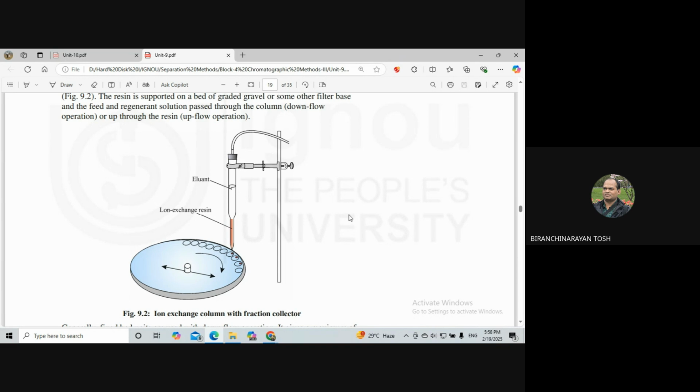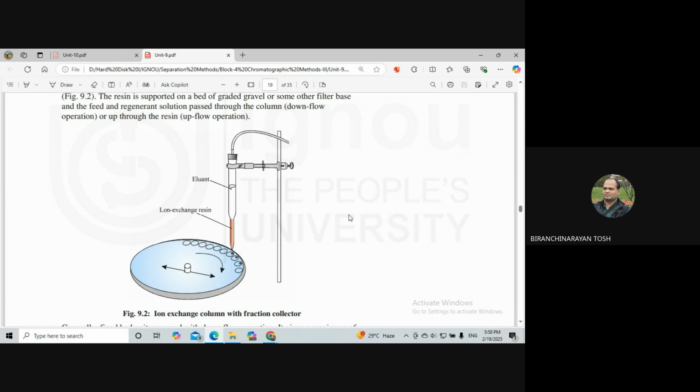The column operation can be visualized as a large number of batch operations in series. The extent to which the exchange takes place in each one of these small batch operations is limited by the appropriate selectivity coefficient. The overall effect may be much more favorable. The successive batch operations in a simulated column may be compared to plates in a distillation column.